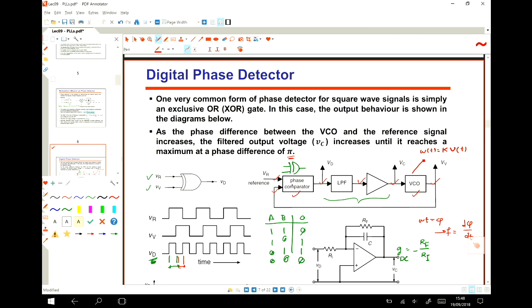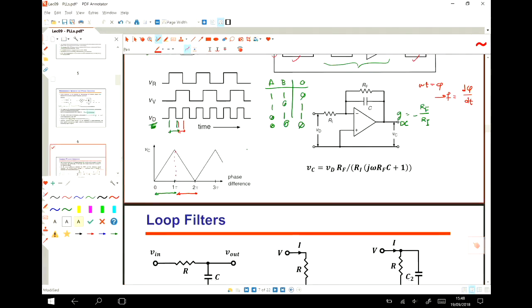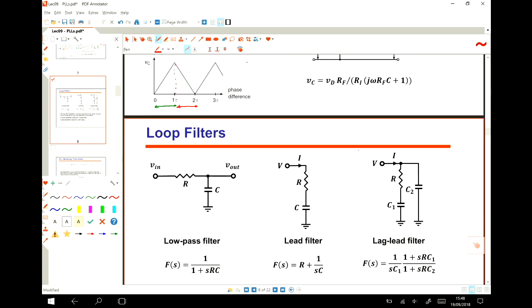The gain that these two provide is not enough. So usually we need a gain inside our loop. And then the low-pass filter, we need to cascade it with the amplifier, or we can make it, for example, a low-pass filter like this, an active filter.